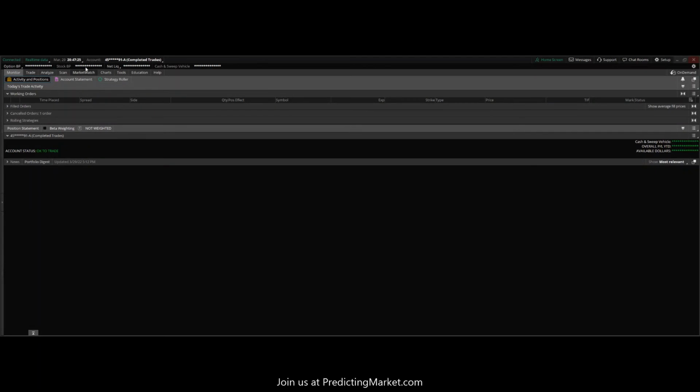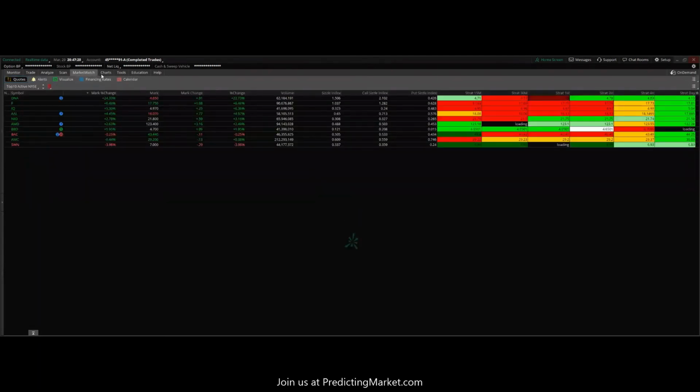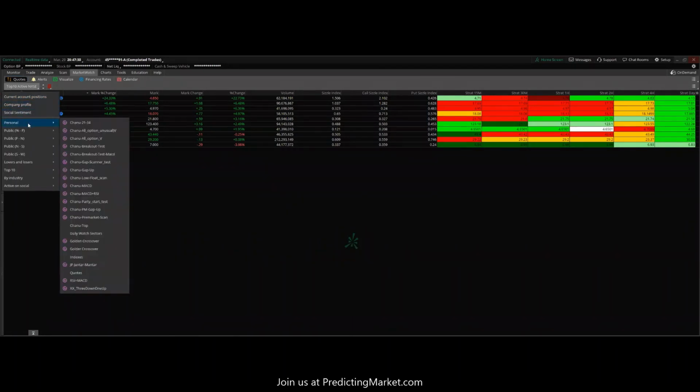So there is something called Market Watch. If you go to Market Watch, thinkorswim actually gives a lot of inbuilt watch lists. On top of that, you can have your scanners, which will help you identify the stocks that you're going to trade that day.